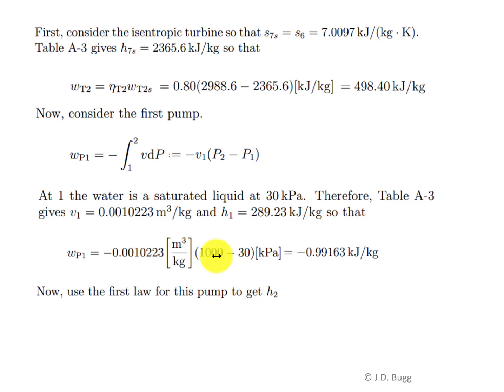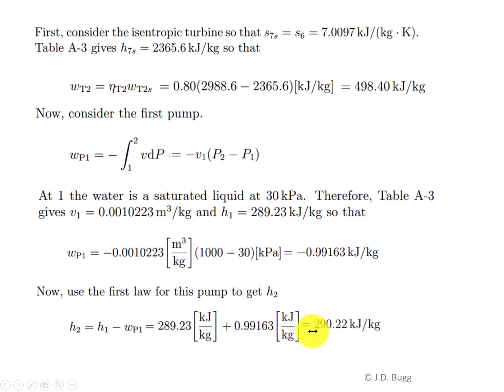And we need to do that because we're going to need H2 as we go on to analyze the next component. So H2 will be equal to H1 minus the work of the pump, which we just found. So the H1 that we looked up in the table a moment ago right here, and then the work that we just calculated directly from the integral of VdP will give us H2 of 290.22 kilojoules per kilogram.